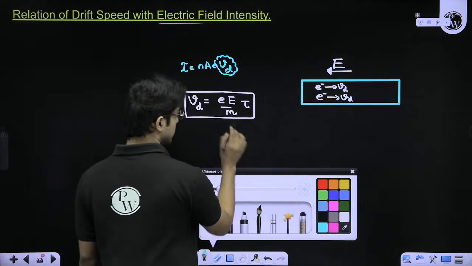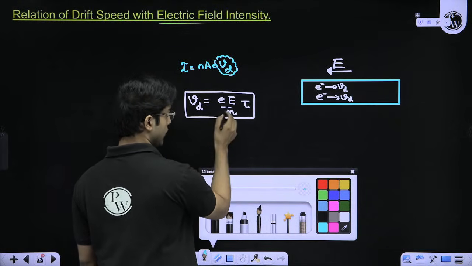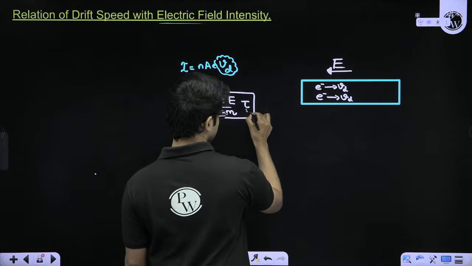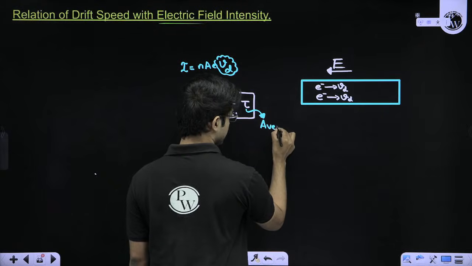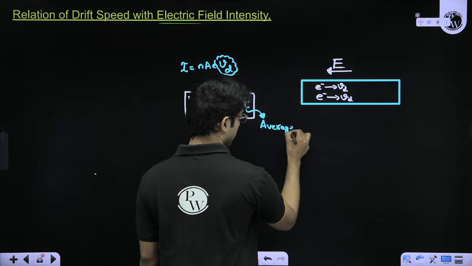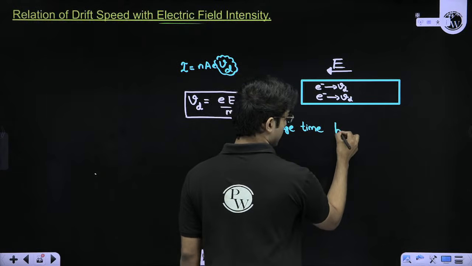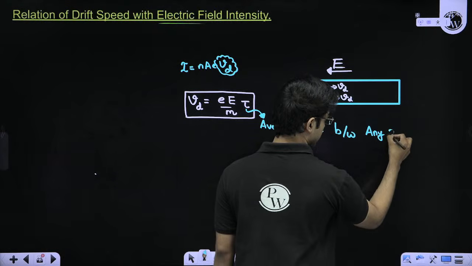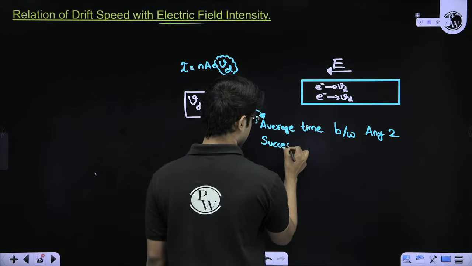Here e is the magnitude of the charge of the electron, m is the mass of the electron, E is the electric field, of course, and this tau is known as the average time. It depends on the material, by the way. So average time between any two successive collisions. I'll explain what that means.